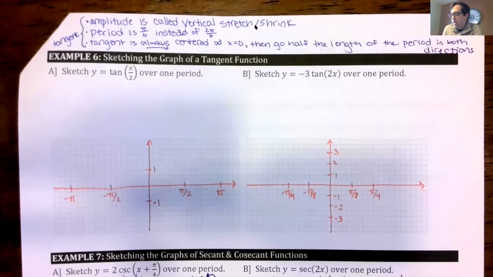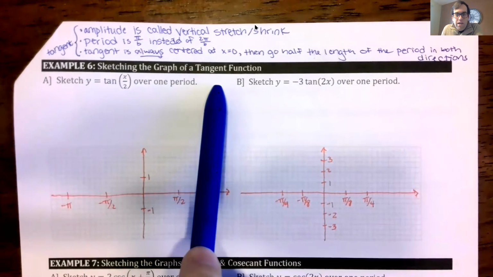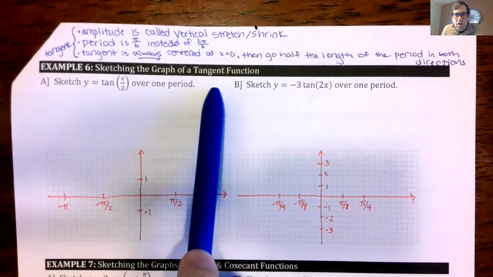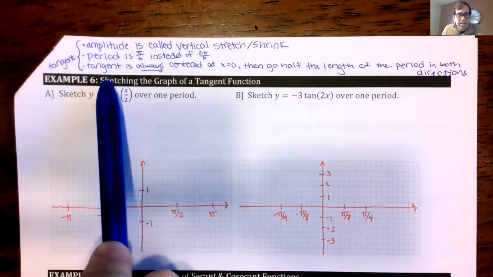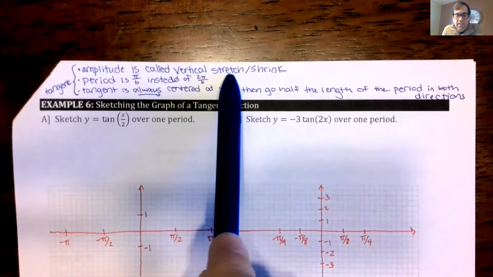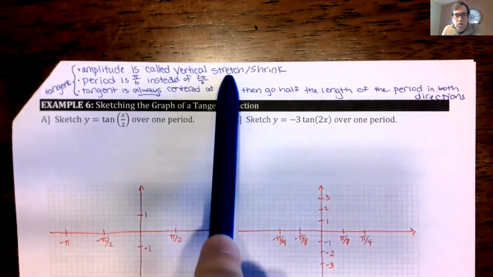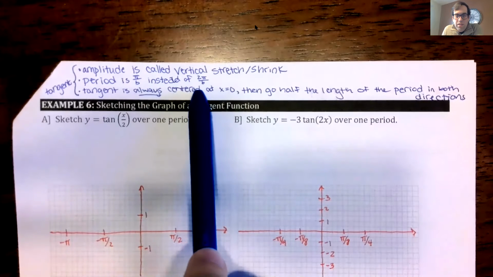All right, so we're looking at example 6, sketching graph of a tangent function. There are a couple differences between this and our original sine and cosine transformation. So I want you to write this down at the top of the page or in your notes somewhere. The amplitude in this case is similar, but it's called the vertical stretch or shrink instead. The period is going to be pi over b instead of 2 pi over b.